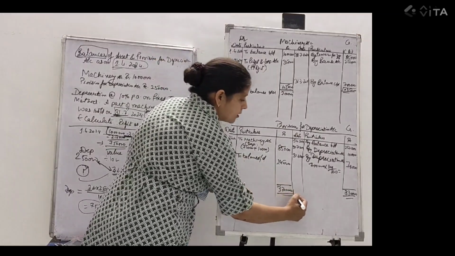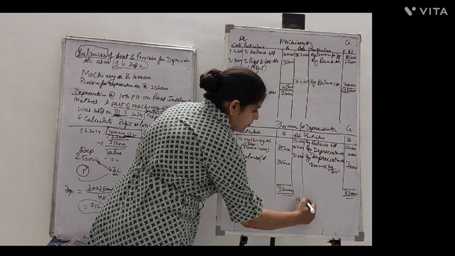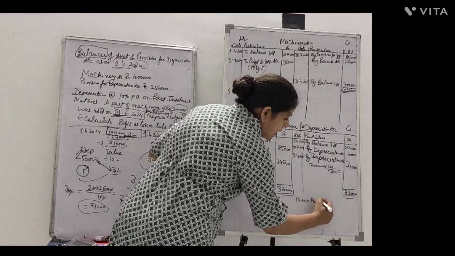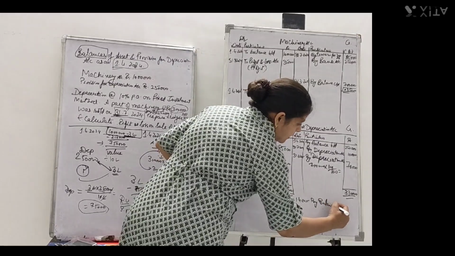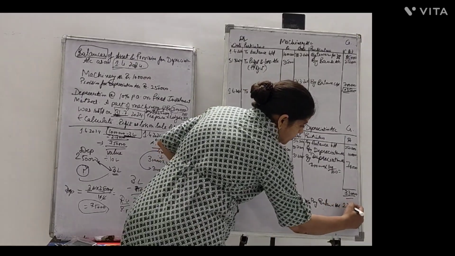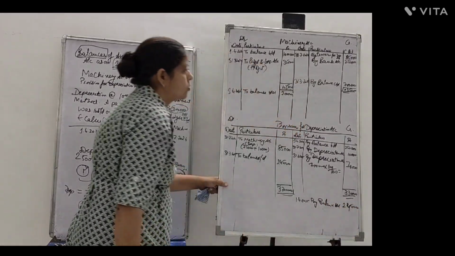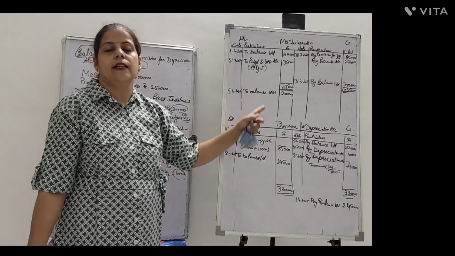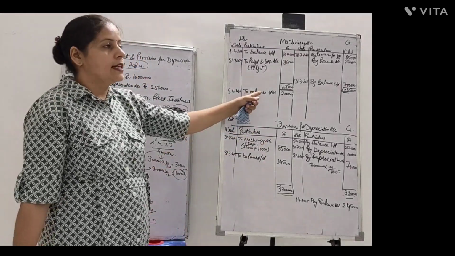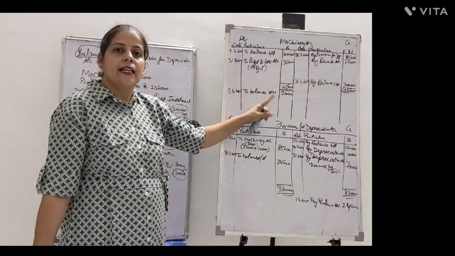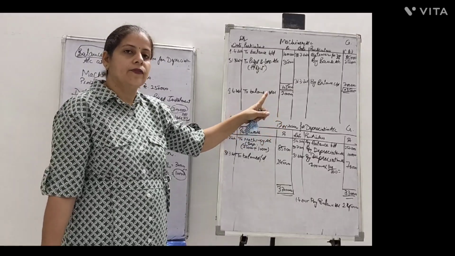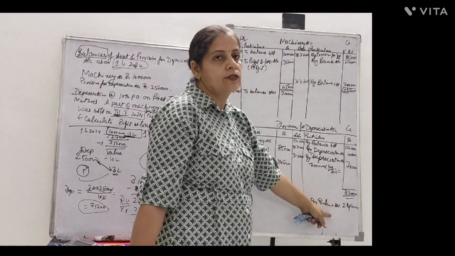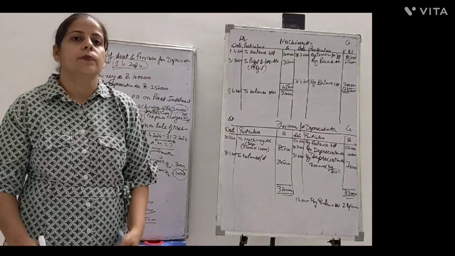So now this balance would be brought down as on 1st of April 2025. What is the balance brought down for this provision for depreciation account? It is 2,45,000. What is the balance brought down here? It is 7 lakh rupees. So what is the value of machinery after depreciation? 7 lakh minus 2 lakh 45,000.